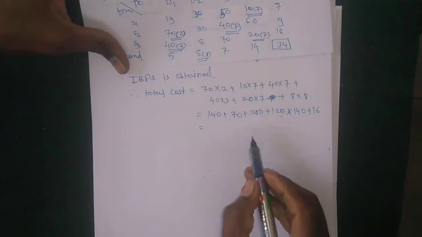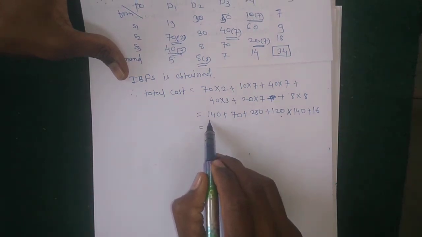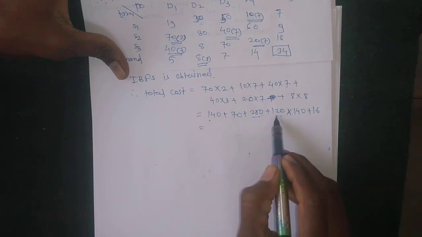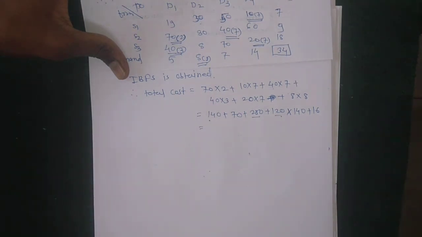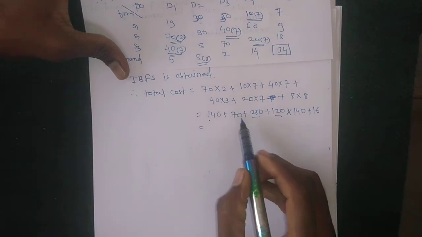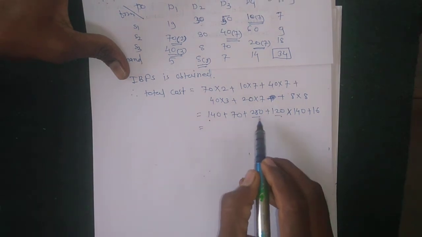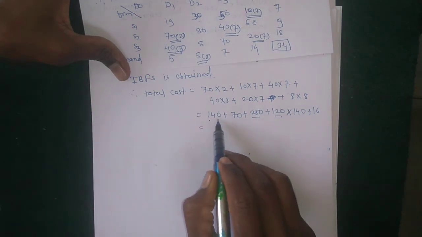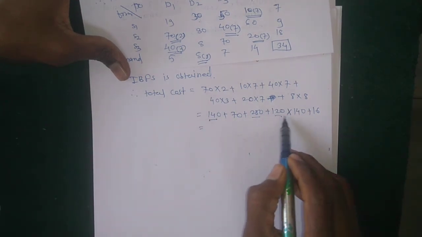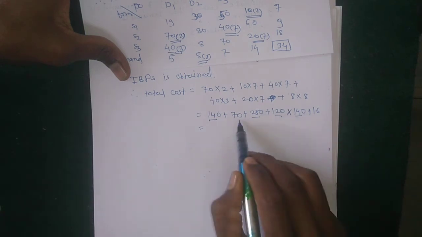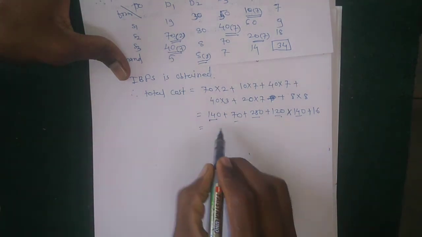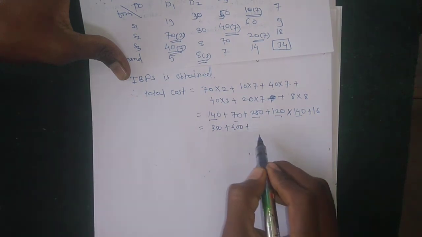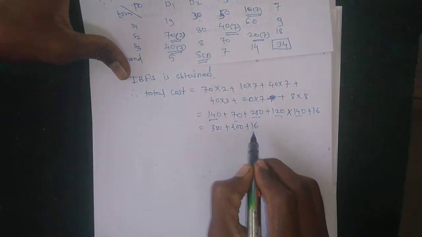Then their values: 140, 70, 280 and 120 is 300, 400, then 400 plus 140, 280 plus 30, 350 plus 400, plus the remaining only 16.